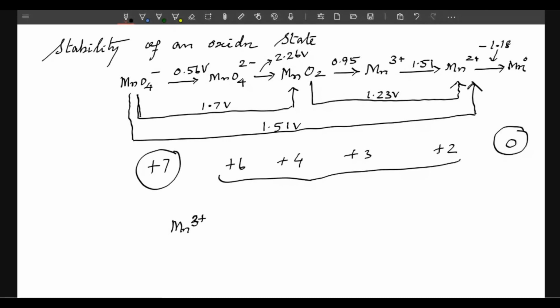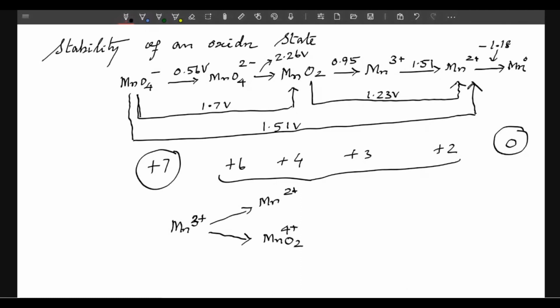It may be unstable, meaning it may reduce its oxidation state to Mn2 plus, or it may be oxidized to the nearby manganese 4 plus state, that is MnO2.